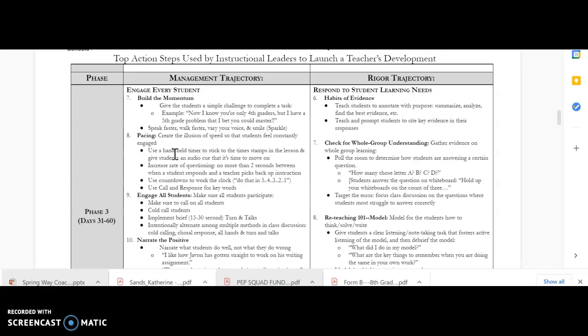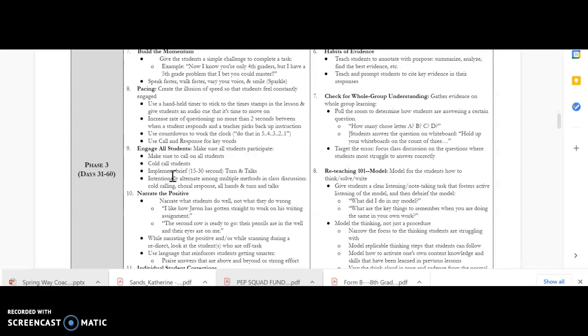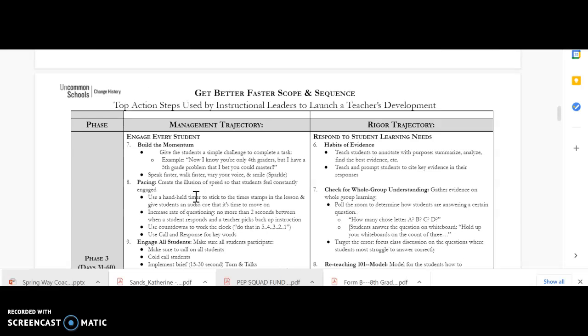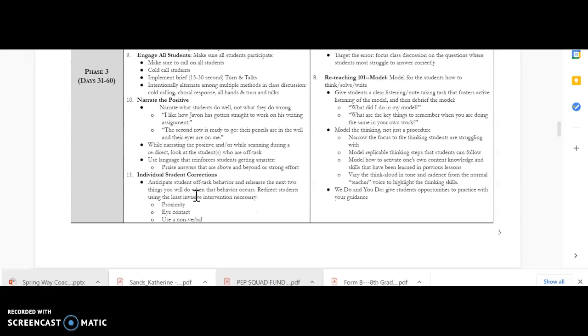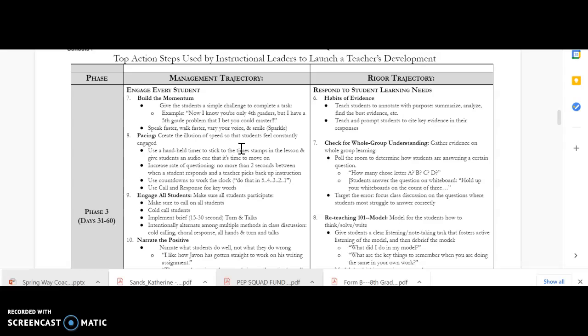Building momentum, pacing, you can pretty much already know where it will fall if you just know the descriptors of what the action steps are. Then you'll be able to tell, okay, it's going to be on the management side, and they're going to need individual student corrections, or they have to narrate the positive, then engage all students. That's their problem, not engaging all students, the whole thing.